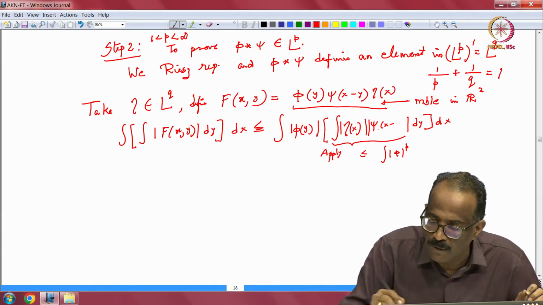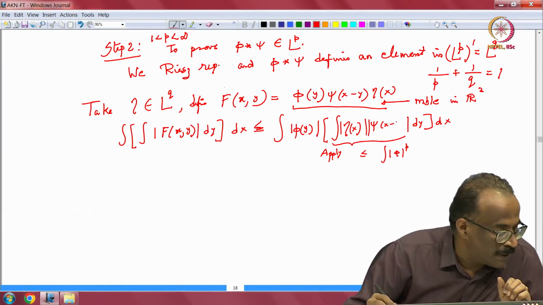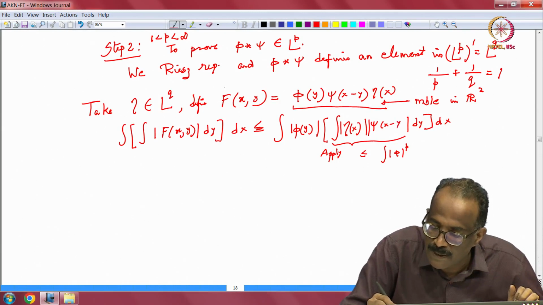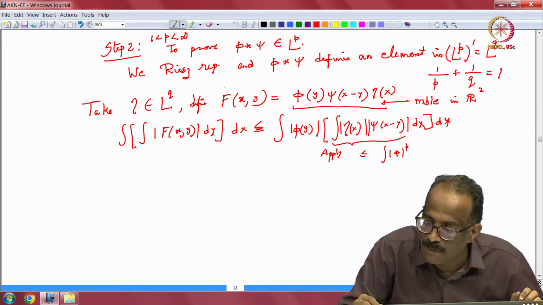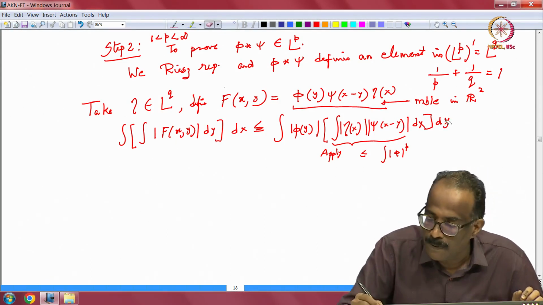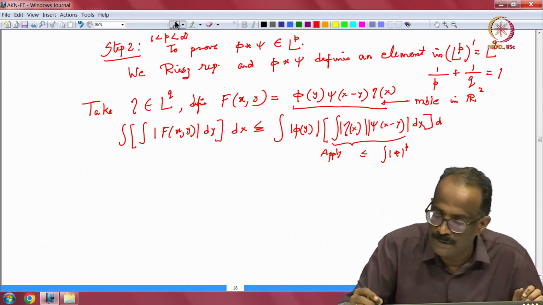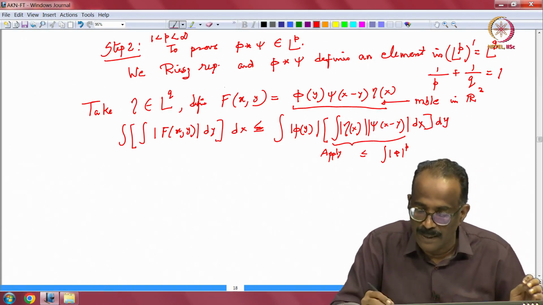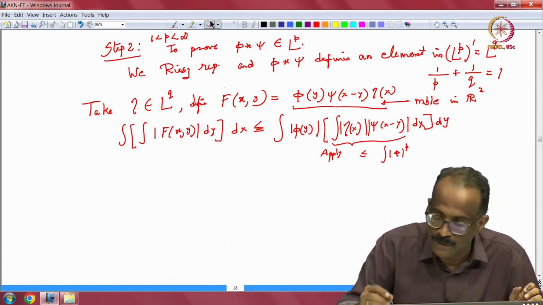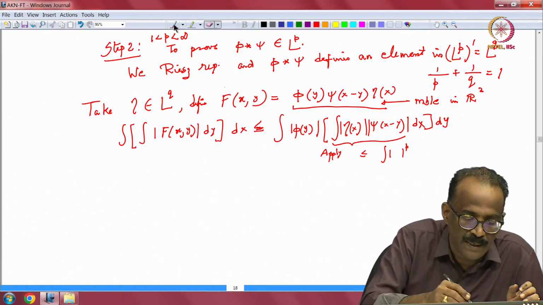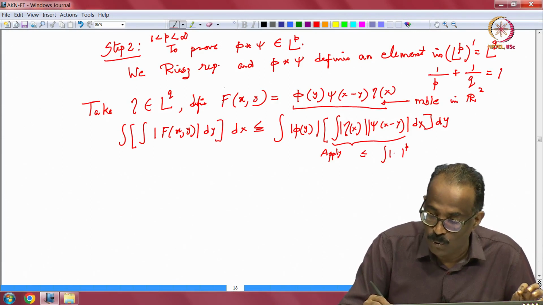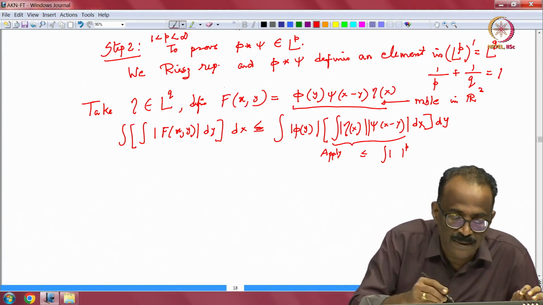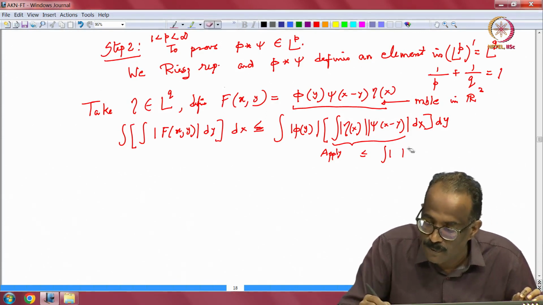So theta of x and psi of x minus y here, this will be dx and this will be dy. Yeah, now that is correct. So you have to take the parameters correctly. So this theta is in L^q.